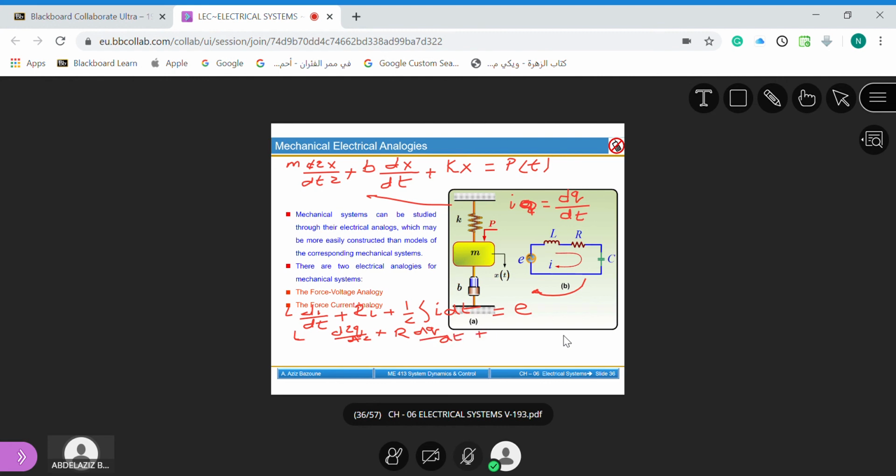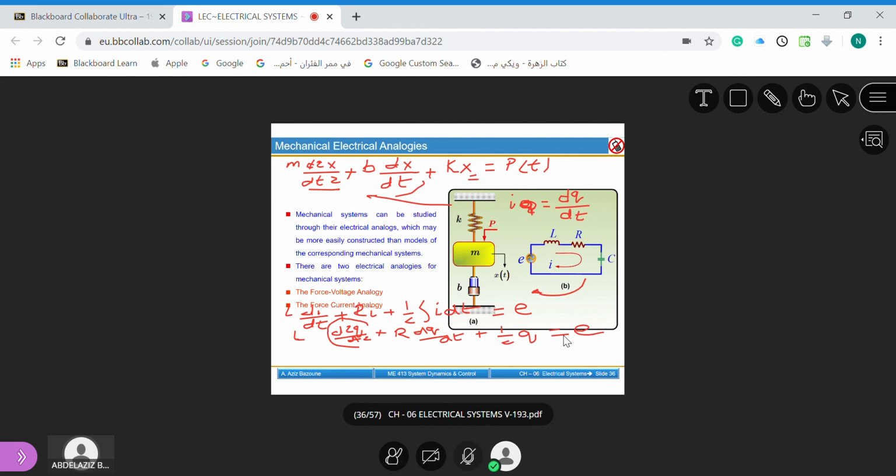When you integrate, this one will be 1 over C times q, is equal to E. Now, if you compare the two equations, we have a second derivative here, a first derivative here, a first derivative here.